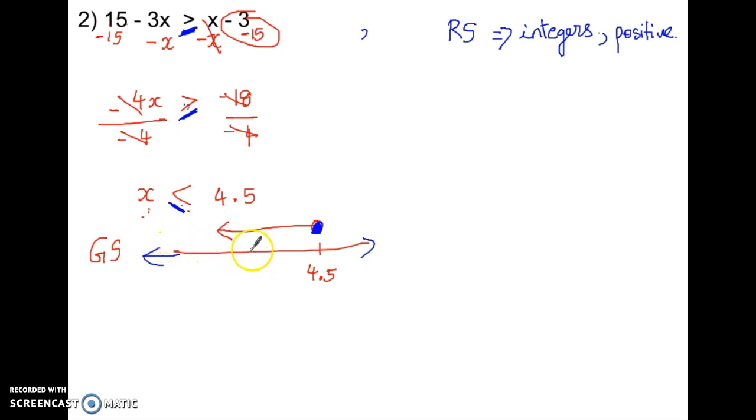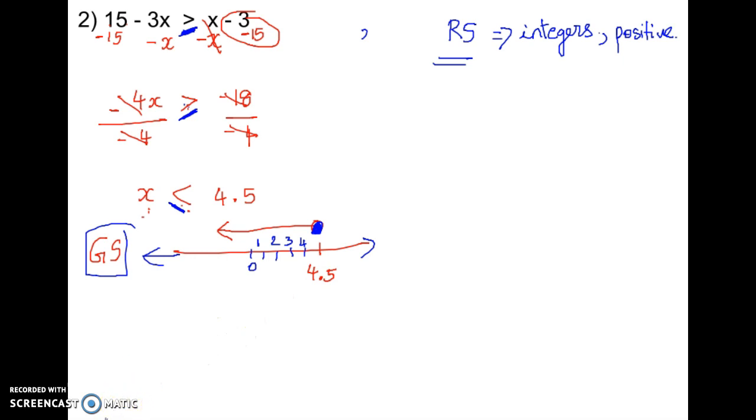So that means we can go to 0 and we can go beyond 0. That's the general solution. But now we have a restriction, right? The restriction or the replacement set is given to be integers that are only positive. So the numbers that you can take are integers like 4, 3, 2, 1, and 0, and no negative numbers.